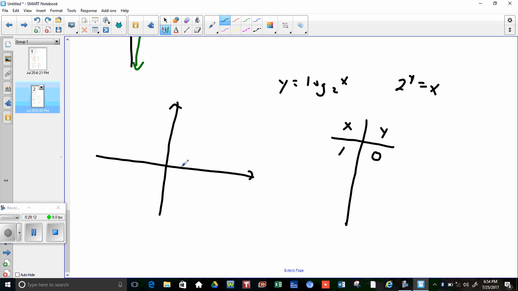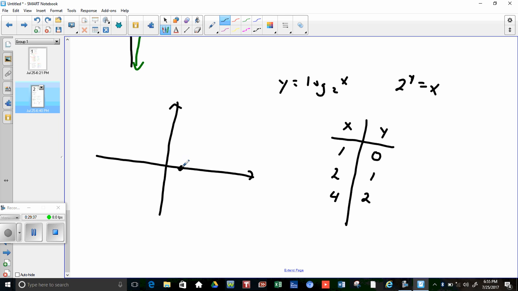So once again, that point 1, 0, that's the standard point on the log that's going to be our x-intercept. If I were to take y to be 1, 2 to the first power is 2. If I were to take y to be 2, 2 squared is 4, so x would be 4.